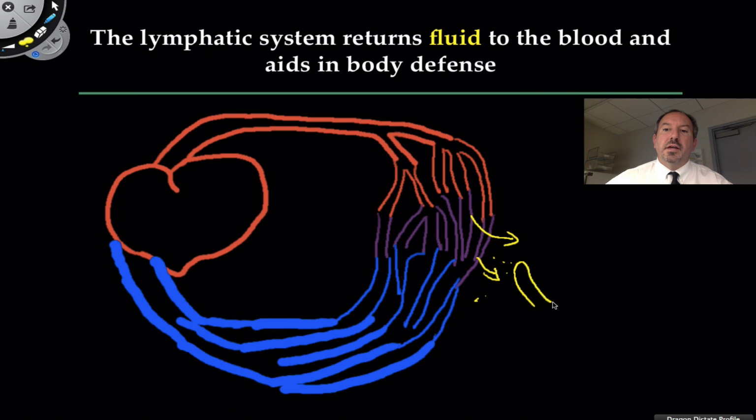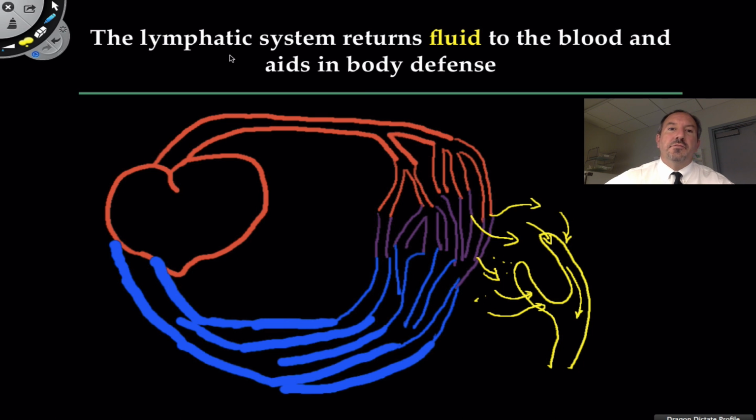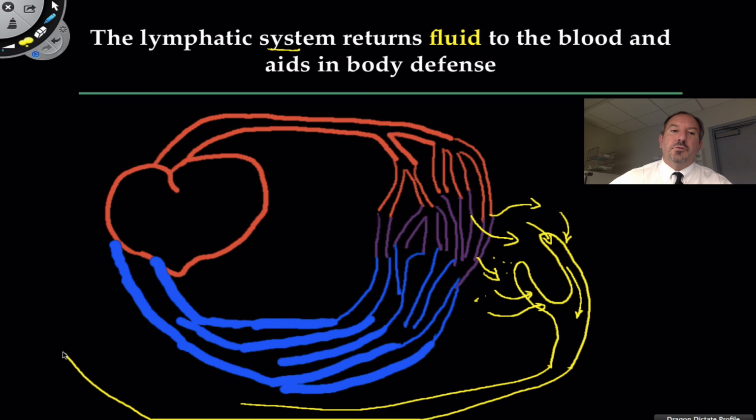We have these capillaries of the lymphatic system that are going to be picking up the extra water that is leaving the circulatory system. And this water is going to flow in the lymphatic system. Ultimately, it's going to come down like this, and ultimately, it's going to be returned back into the circulatory system just before it enters into the heart.